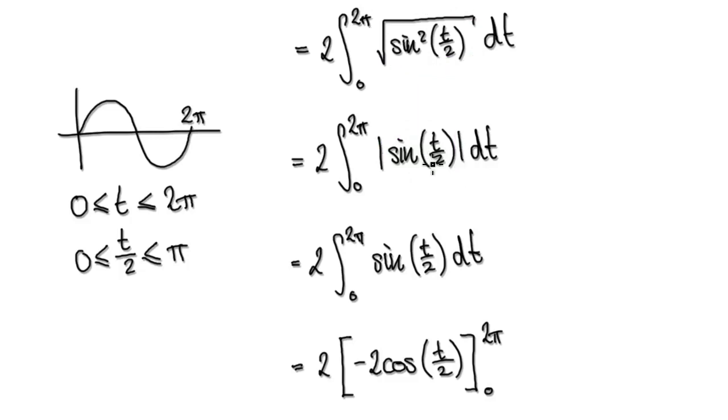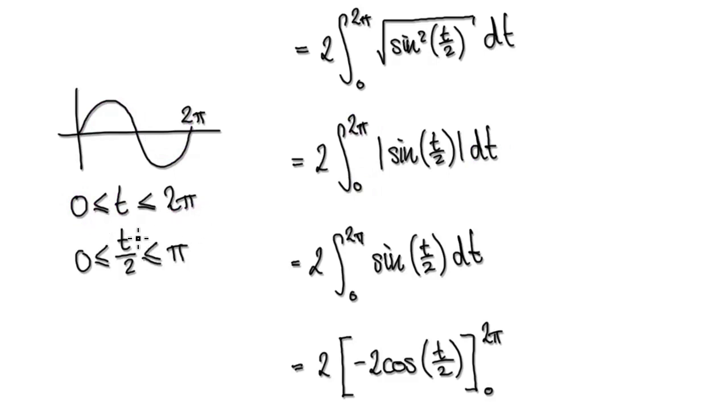So if you look at the sine of x, because we are looking at this thing here, one period is... Well, t, we are integrating t from 0 to 2 pi. If t is from 0 to 2 pi, so divide everything by 2.